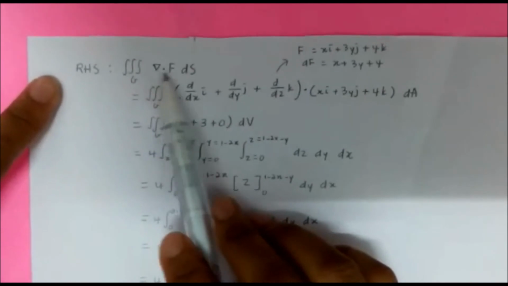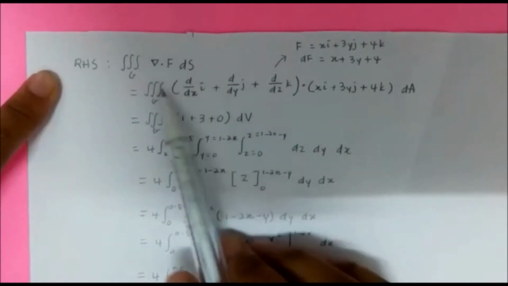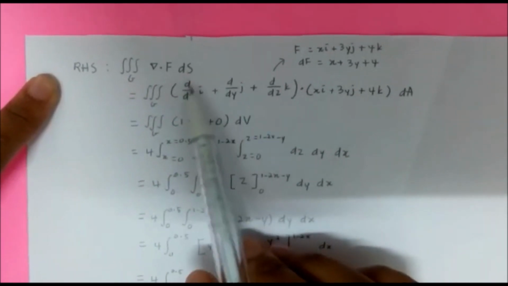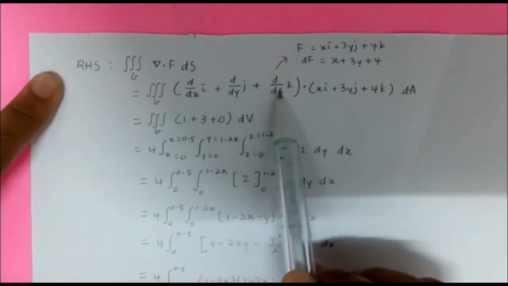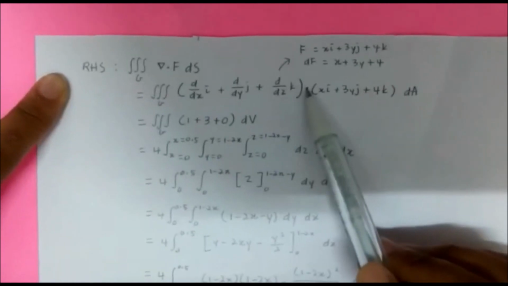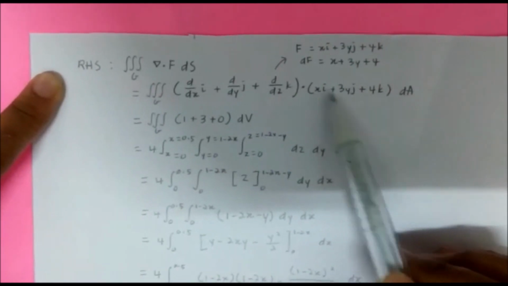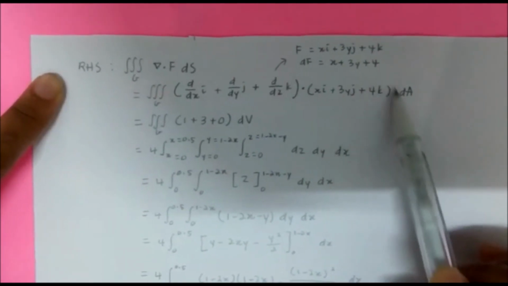And the RHS is the triple integral of divergence F dV. So we know that del is equal to d/dx i plus d/dy j plus d/dz k dot product with xi plus 3yj plus 4k.